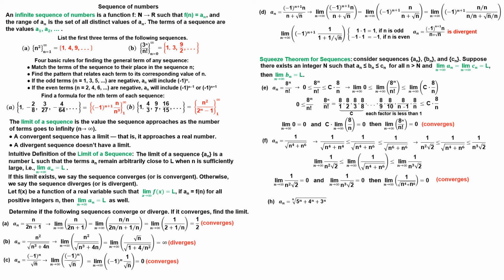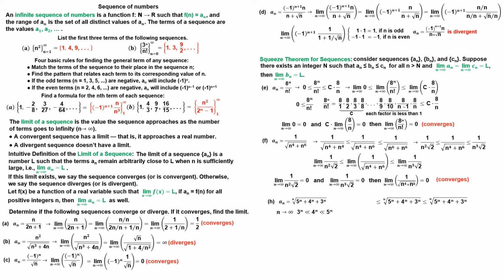The trick here is to identify the strongest term of the sequence. The strongest term here is 5 to the power of n, because for large n values, the other terms are tiny, as if they were not there at all. So to find a sequence that is less than the original sequence, we omit everything but the strongest term.